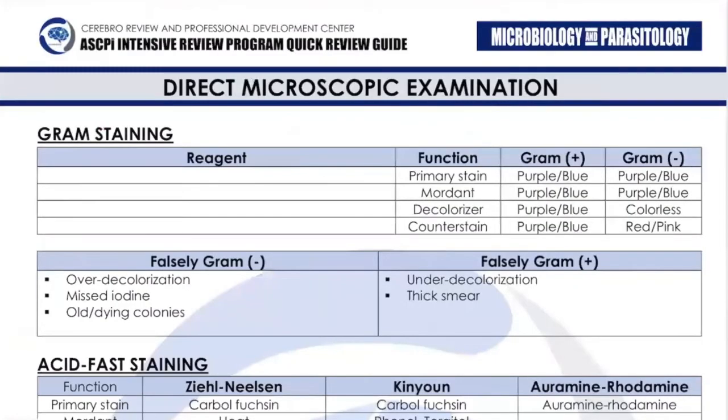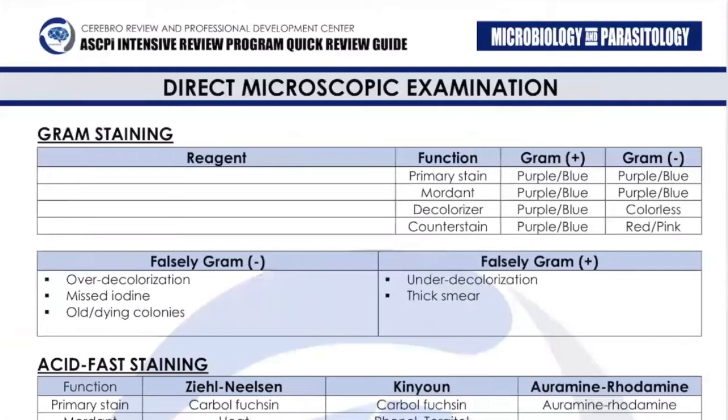Okay, so let us now proceed to the direct microscopic examination. First, of course, we have gram staining. This is routinely performed on certain specimen types, especially those collected from normally sterile sites.